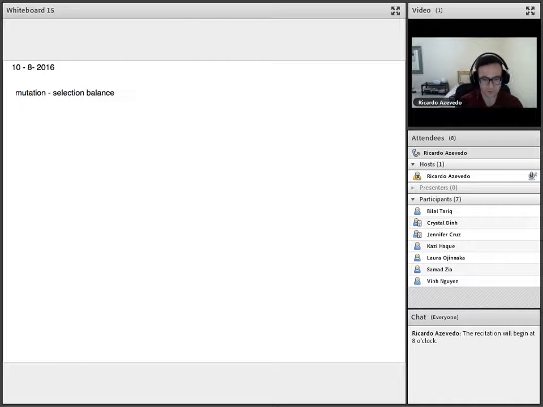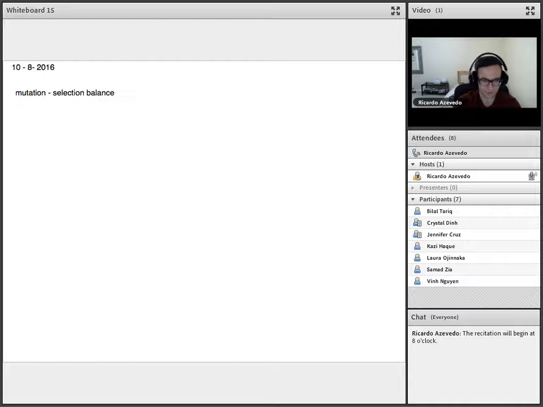Again, we're using the two allele, two locus scenario. So we have A1A1, A1A2, and A2A2 as three genotypes. And let's say A2 is deleterious.